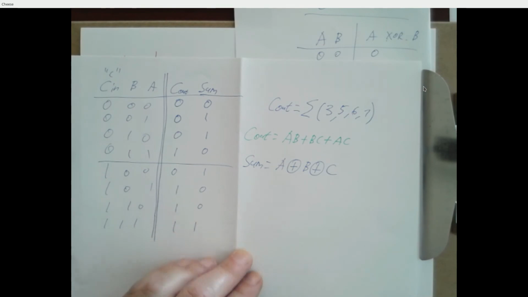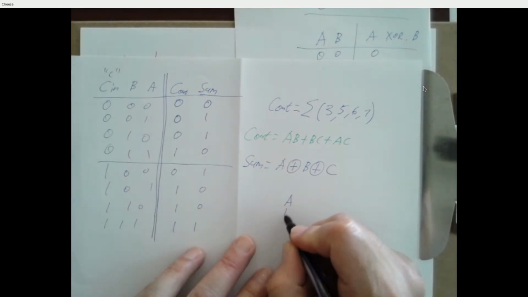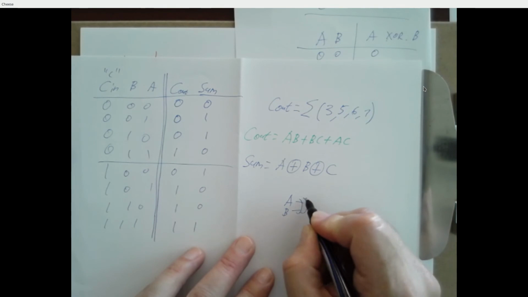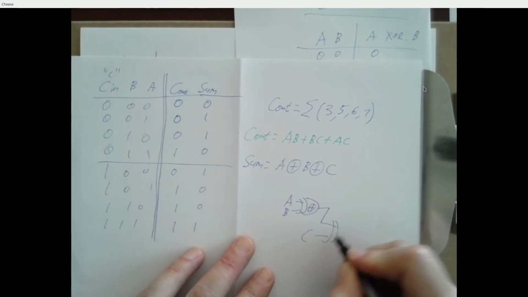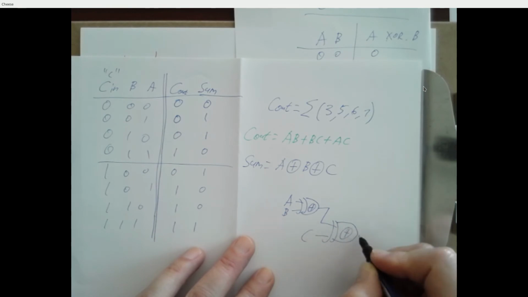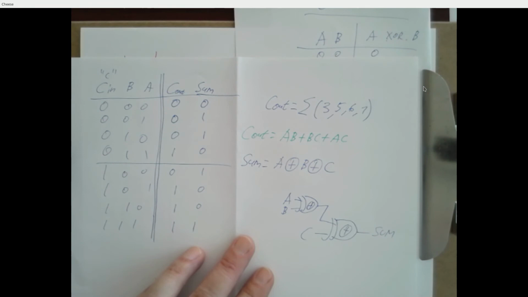So we don't need all the logic of the whole product of sums or sum of products. If we have some XOR gates, we feed A and B into 2 of those inputs, and then we feed C into another one. And there's your sum. Kind of making sense?